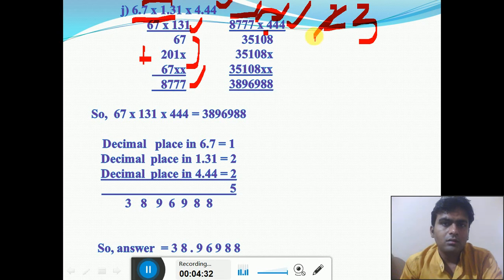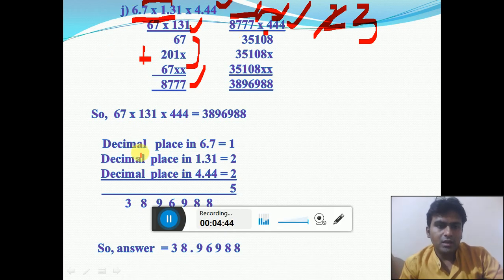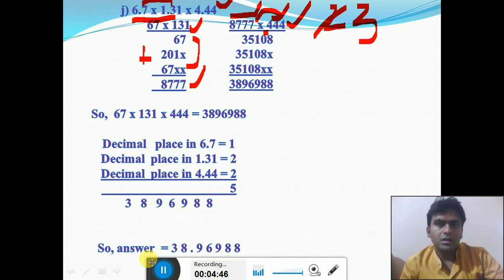Now multiply again 4 with 7, 4 sevens are 28, 28 and 3 is 31. So I have written here 1, carry over 3. Now 4 eights are 32, 32 plus 3 is 35. So you got 35,108.